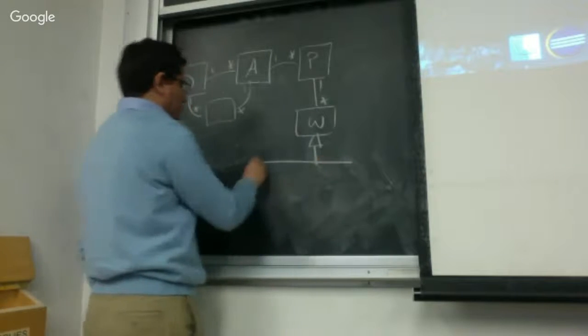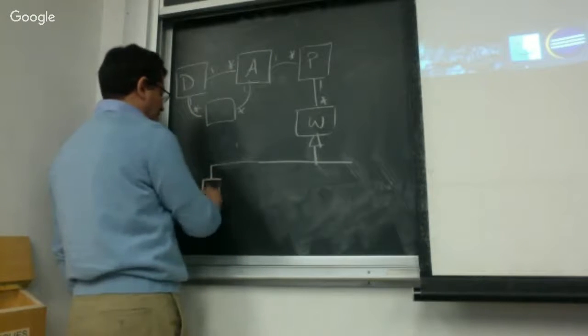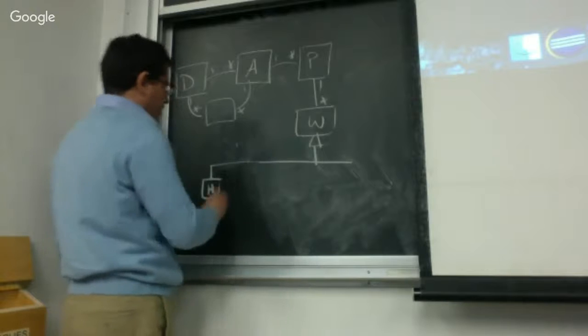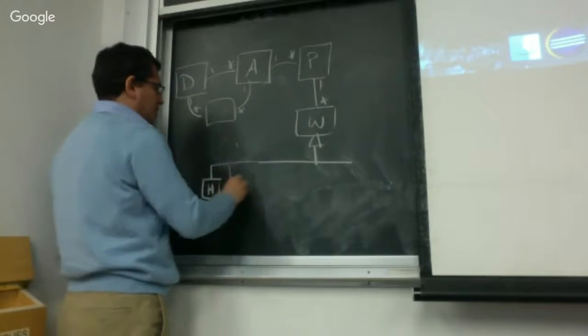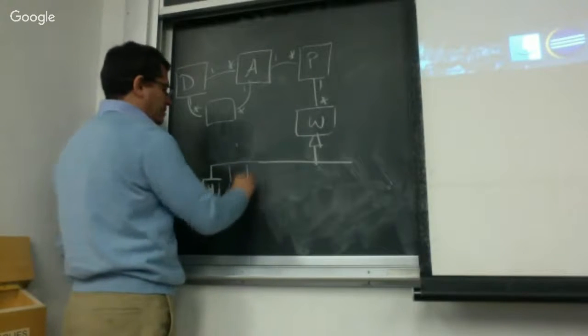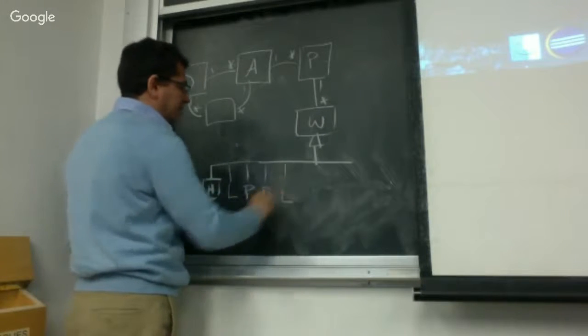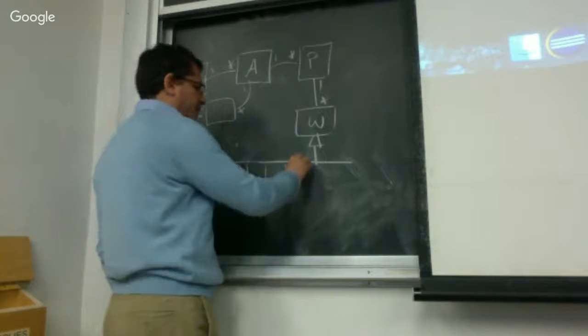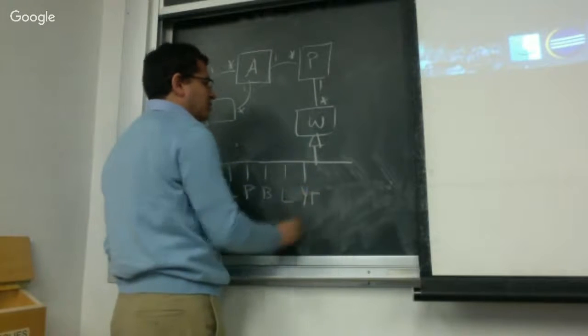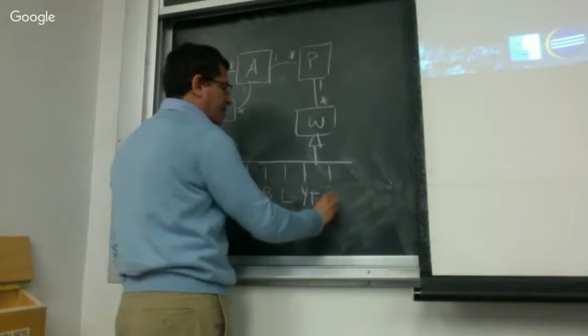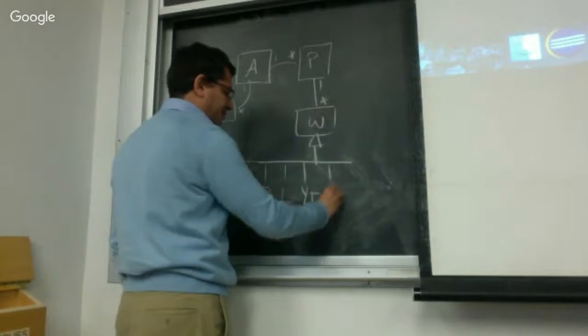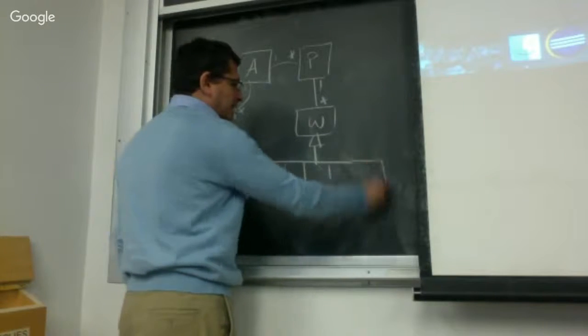You could have a heading widget, a label widget, a paragraph widget, a button widget, a link widget, a YouTube widget, a Google Maps widget. So any number of widgets that you might add here.